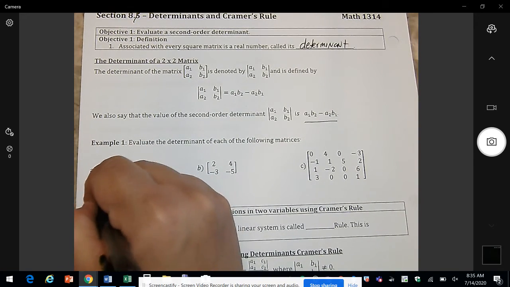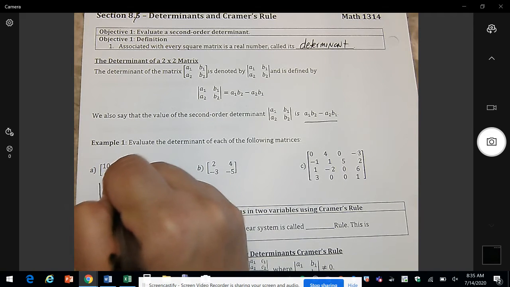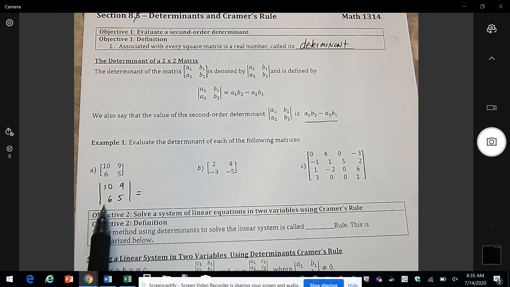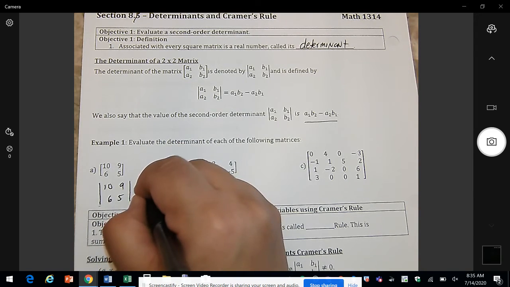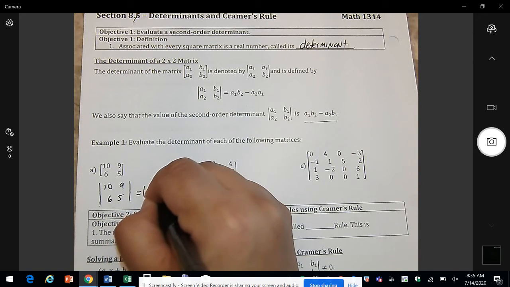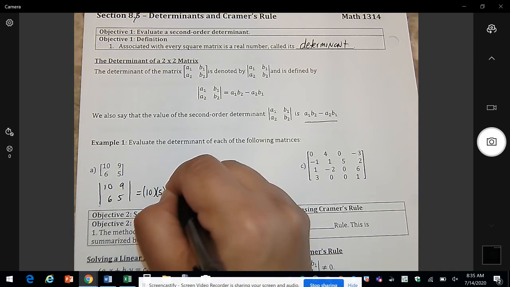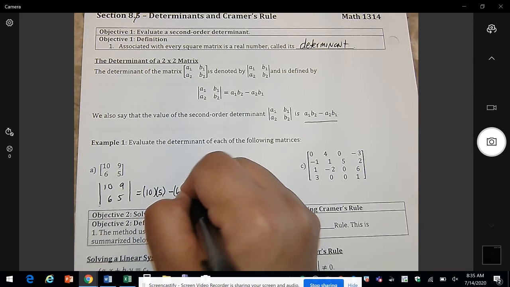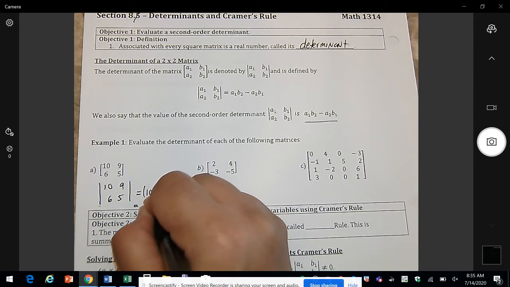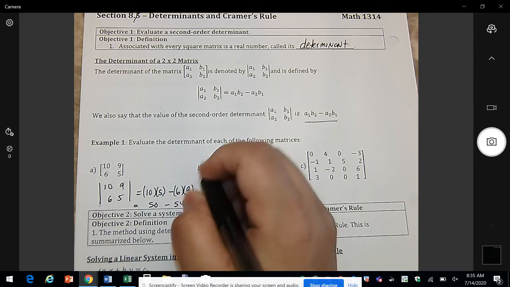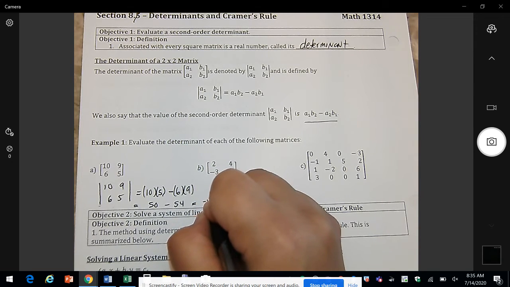Here, I can write two straight lines to indicate that I'm looking for the determinant, and it will be 10 times 5 minus 6 times 9. 10 times 5 is 50 minus 54, so this equals -4.